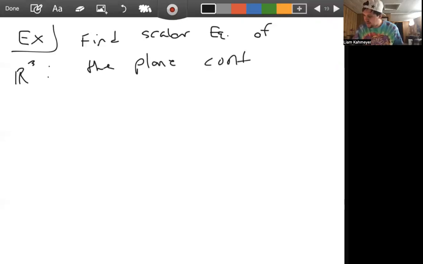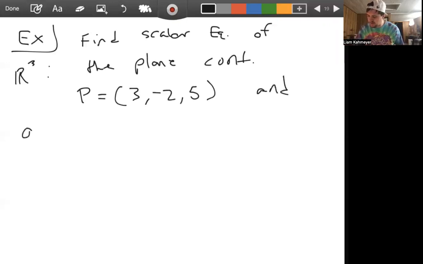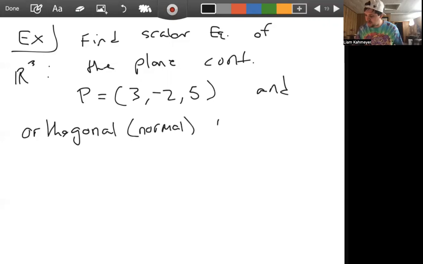containing the point 3, -2, 5, which we'll call P, and orthogonal, this means normal, to the following vector.